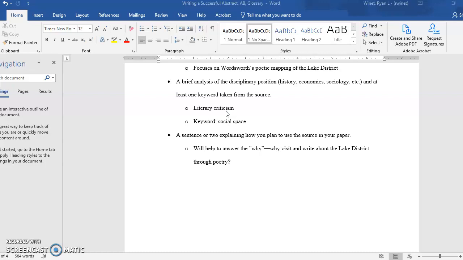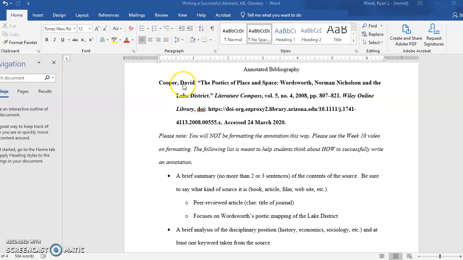What that means is that this is an author who is an expert on the subject of literature and who tends to look at the world from the perspective of texts. What does this work, this piece of literature, mean for our society or this time period? That is the disciplinary perspective of the author. He is a literary critic, and it is a he, David Cooper.